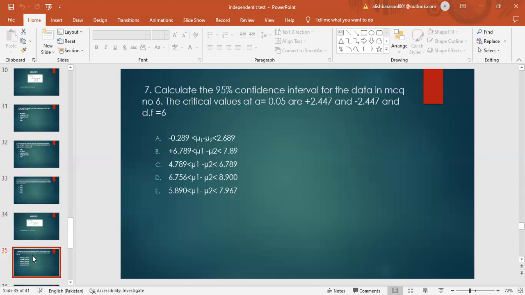Option A, minus 0.289 less than mu1 minus mu2 less than 2.689. Option B, plus 6.789 less than minus 7.89. C, 4.789 less than mu1 minus mu2 less than 6.789. D, 6.756 less than mu1 minus mu2 less than 8.9, and E, 5.89 less than mu1 minus mu2 less than 7.967.